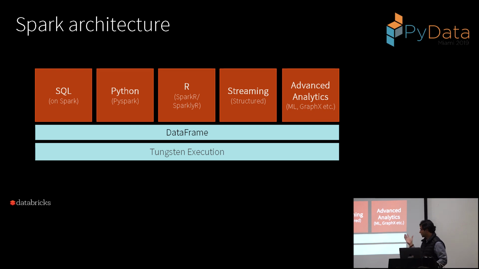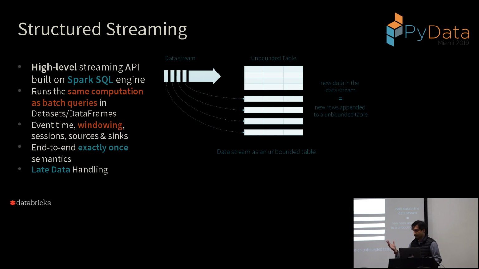Basically, a combination of these factors allows you to build very robust pipelines on your streaming data with a minimal amount of coding. And that brings us to what we call structured streaming. Specifically, structured streaming is a high-level API that is built on top of the Spark SQL engine.